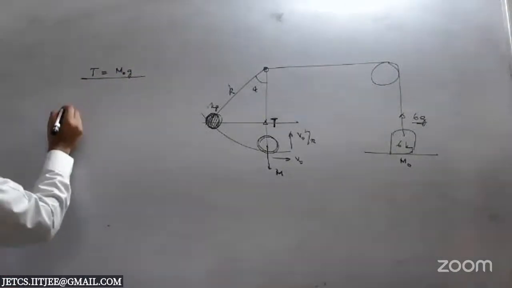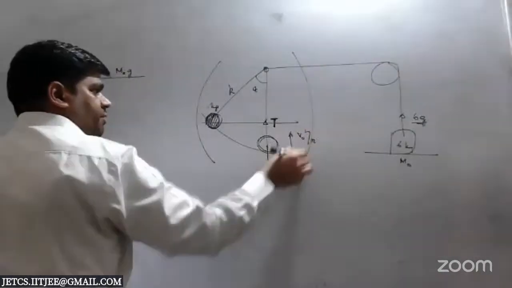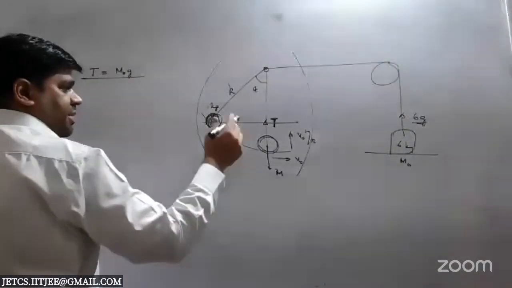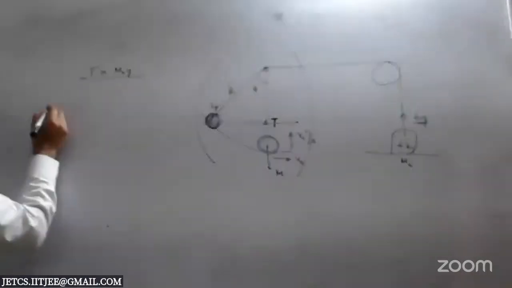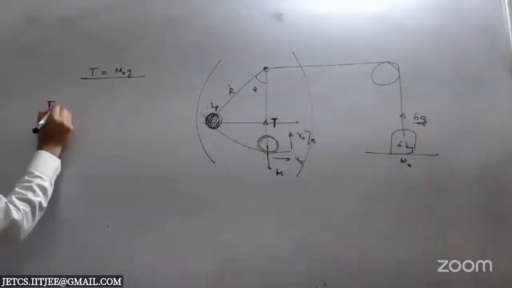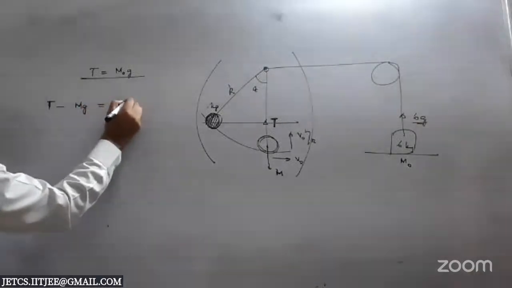Now, in this vertical circular motion scenario, my tension equation at this point from ground frame, if I draw the FBD, the equation of motion is T minus mg is equal to mv square by r.